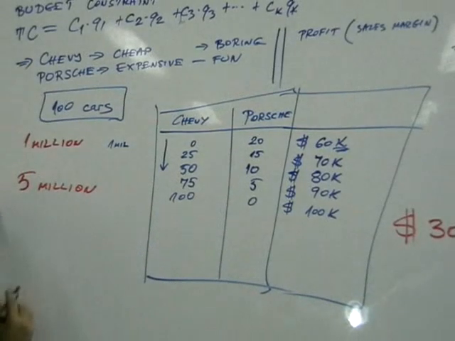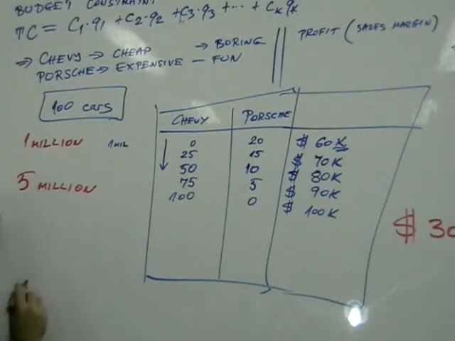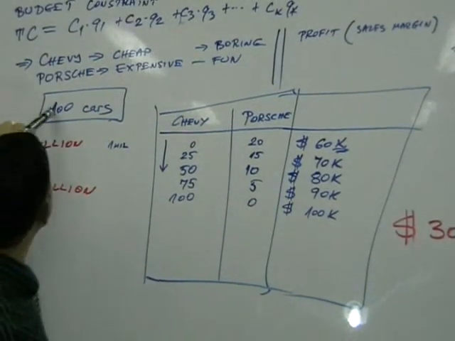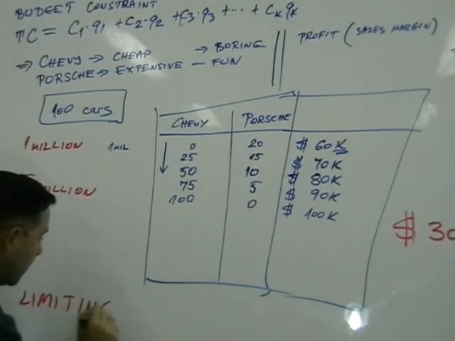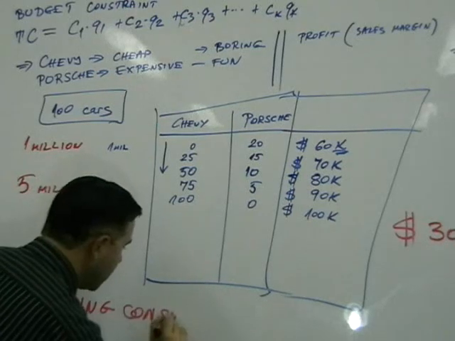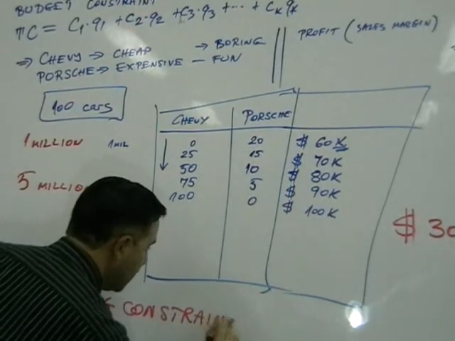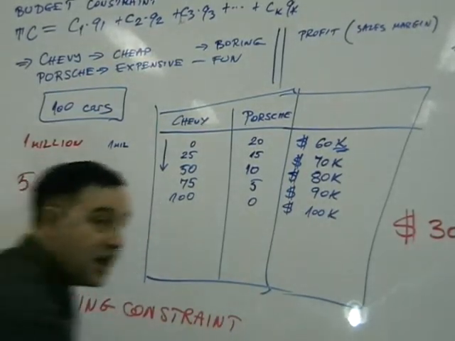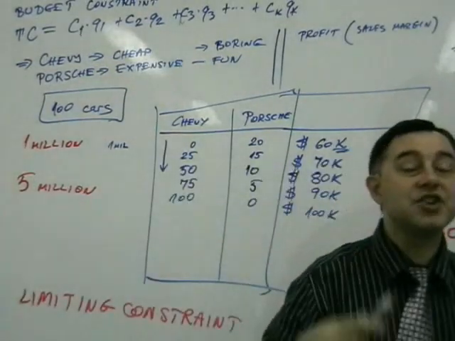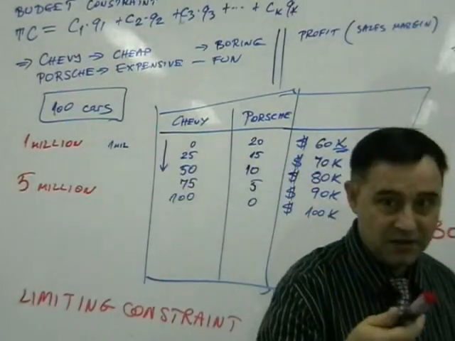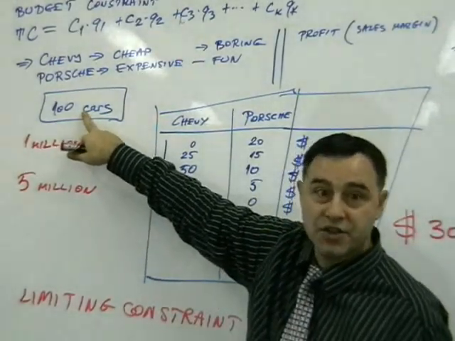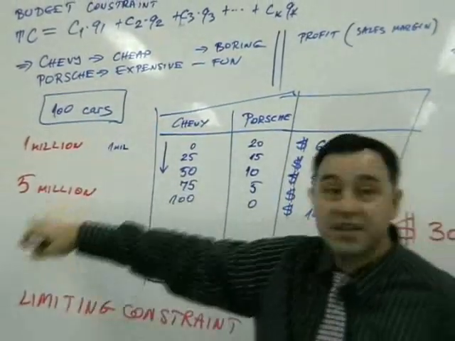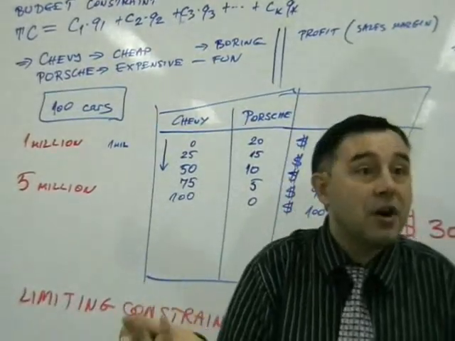The next concept is that of, let's see, oh, I forgot it. So, budget constraint, it's called limiting constraints. All right? If he has a budget of 6 million, then only the parking lot is a limiting constraint, right? This one, if it has 6 million, then it's not a limit, all right?